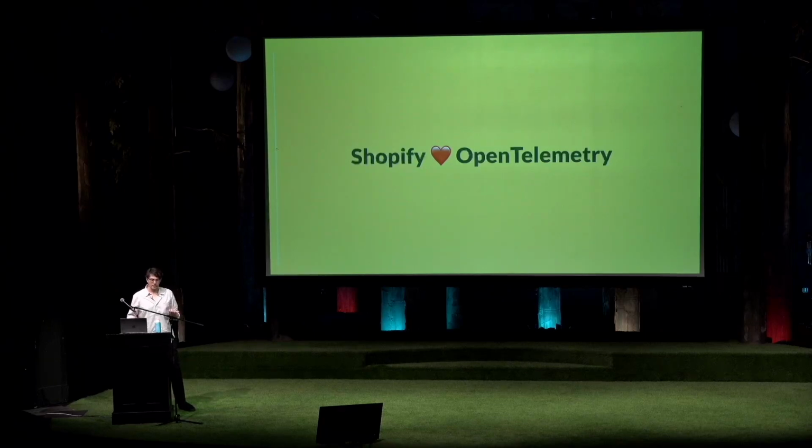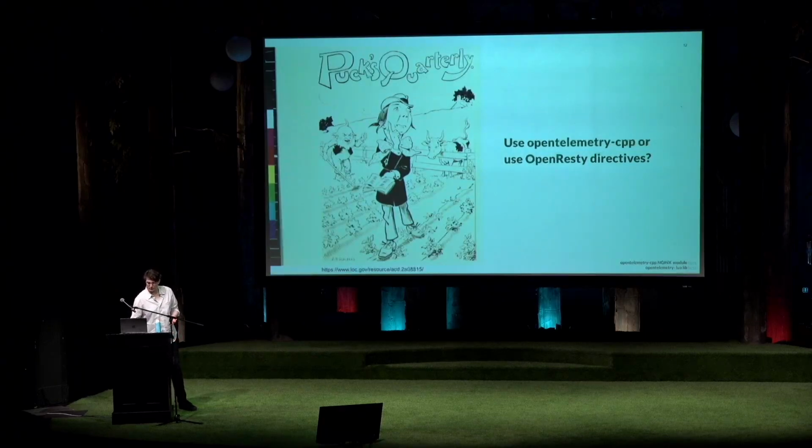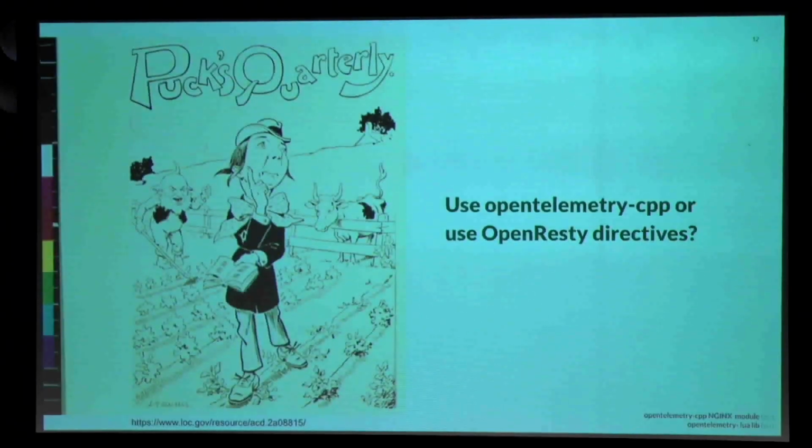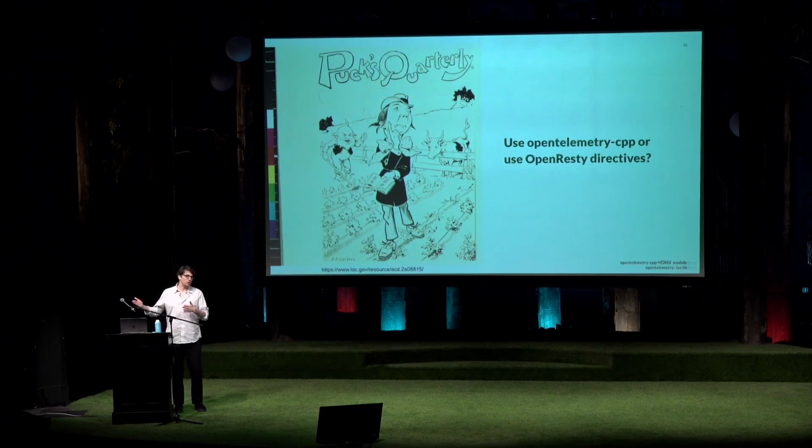So knowing that we wanted to do OTel, the other major question was, do we want to use OpenTelemetry C++, or do we want to use OpenResty directives? If you are not familiar with OpenResty, I think it's the next slide, so bear with me. OpenTelemetry C++ has a contrib repo that has an NGINX module that will let you trace NGINX.